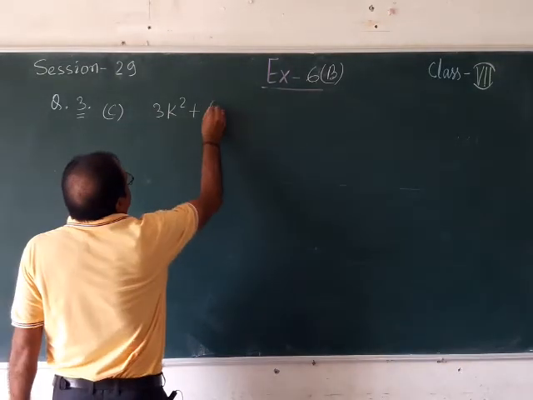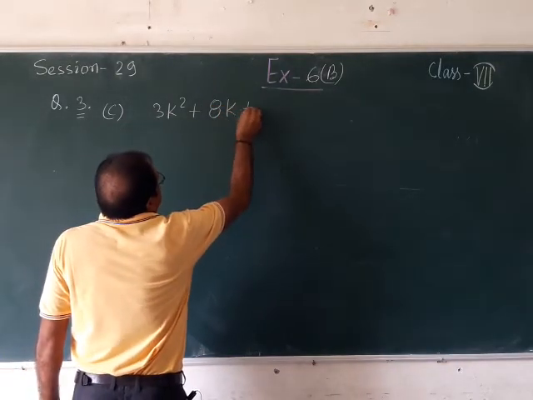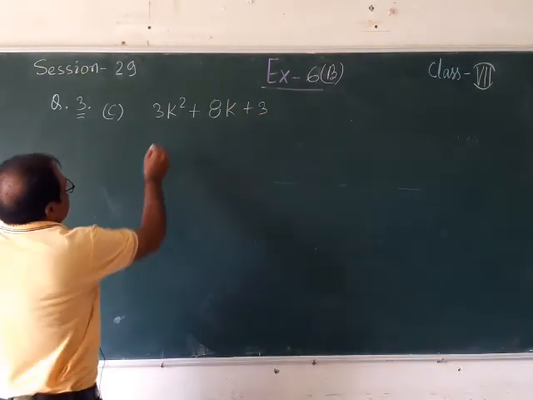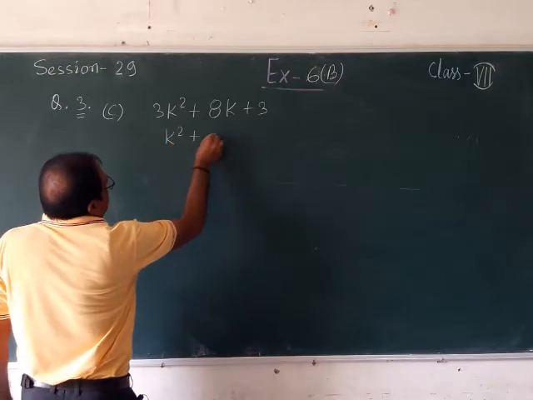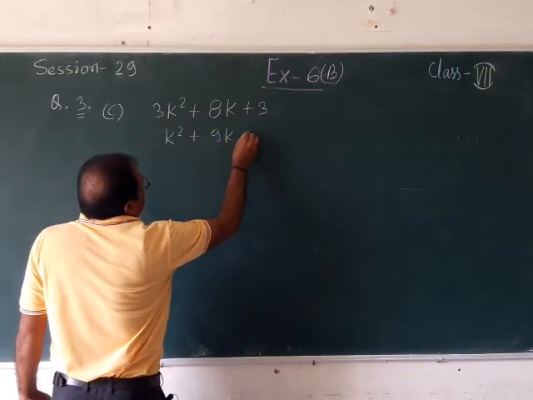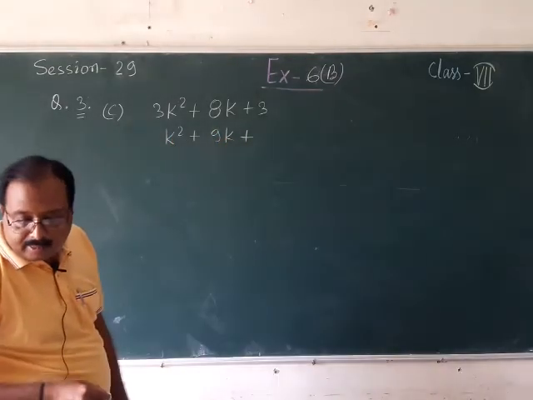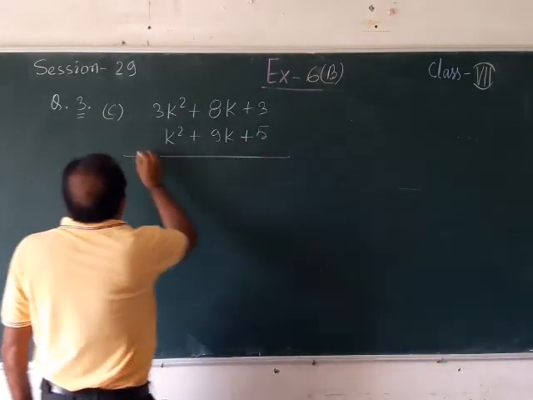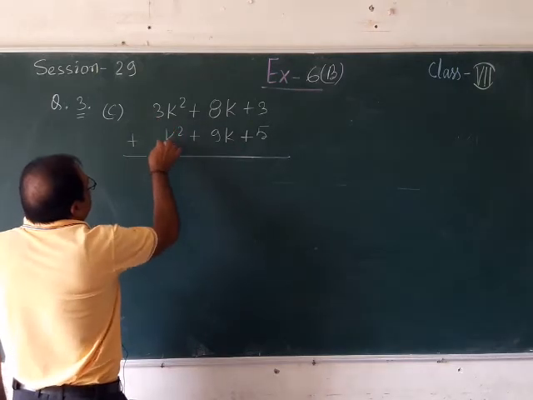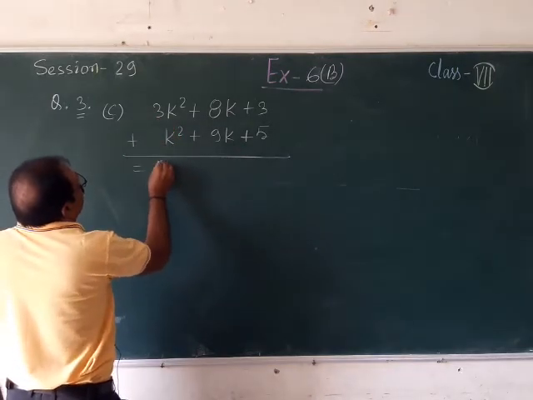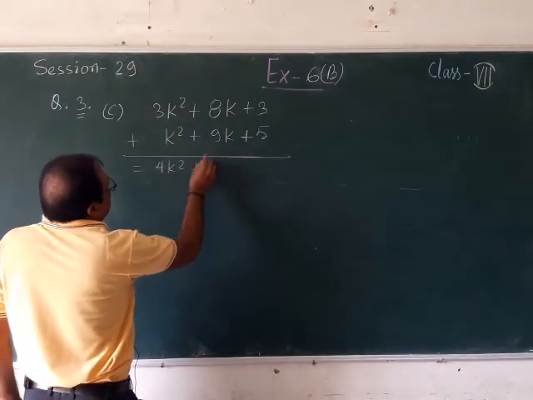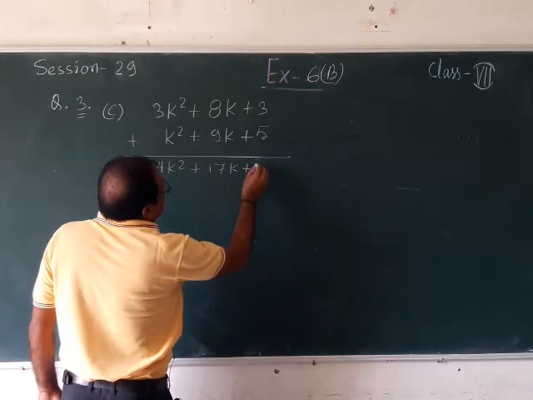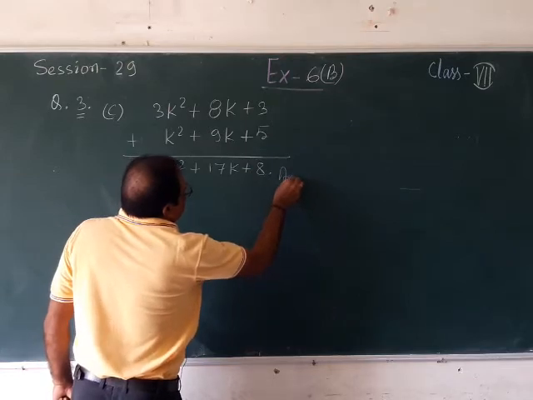Then k square plus 9k plus 5. Give a plus sign, and here 3 plus 1 becomes 4k square, 8 plus 9 becomes 17k, and 5 plus 3 becomes 8, and it is your answer.